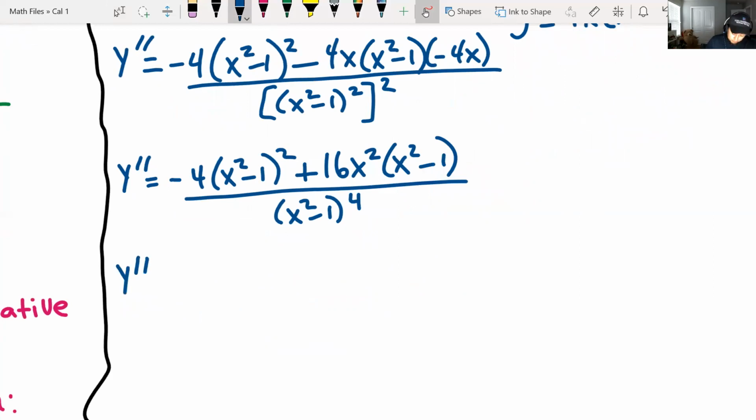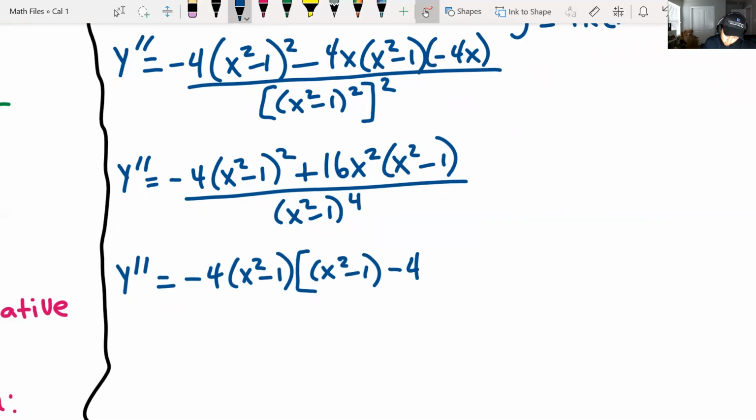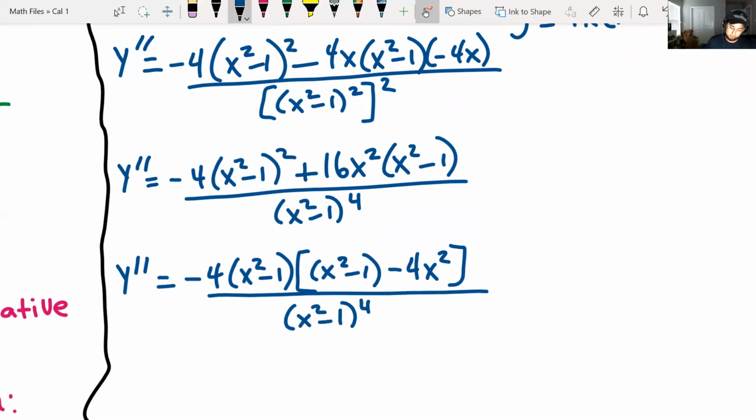Y double prime equal to, I'm going to factor now, a -4 and an x squared minus 1 out of the numerator, bracket for neatness. This will leave me with x squared minus 1 minus 4x squared, over x squared minus 1 to the 4th.